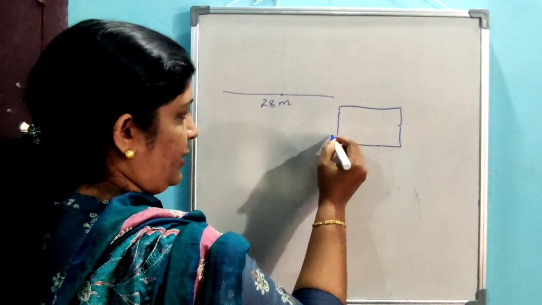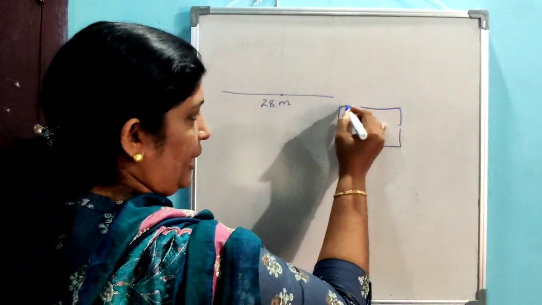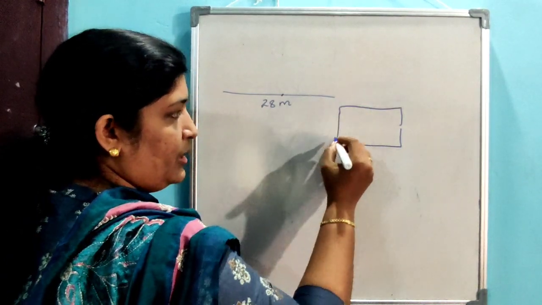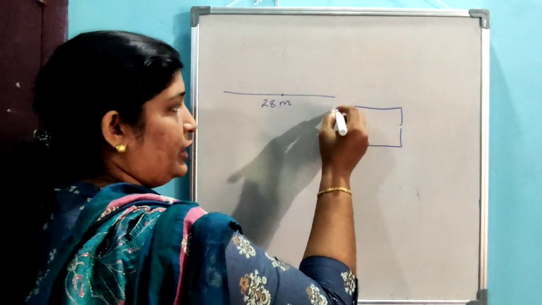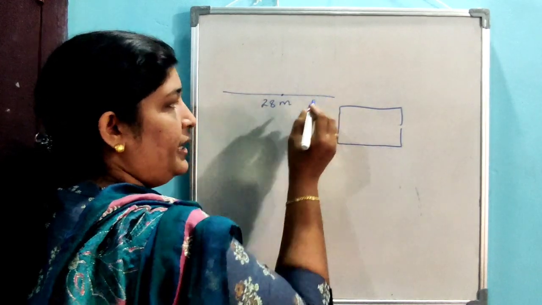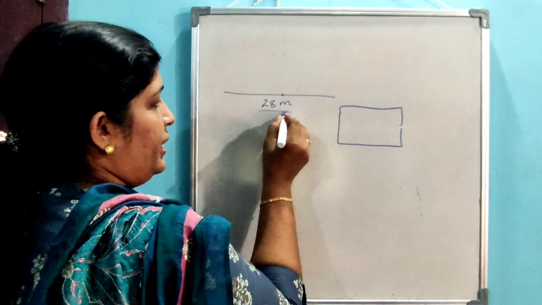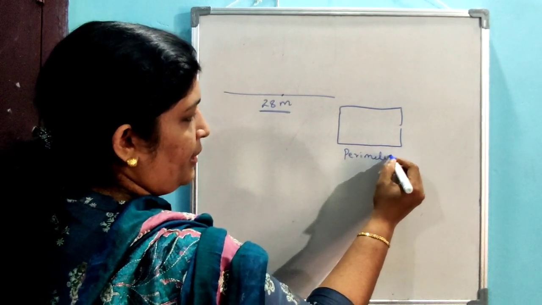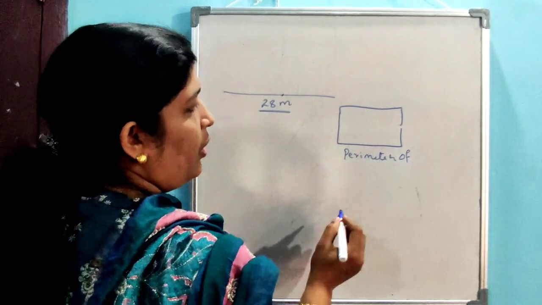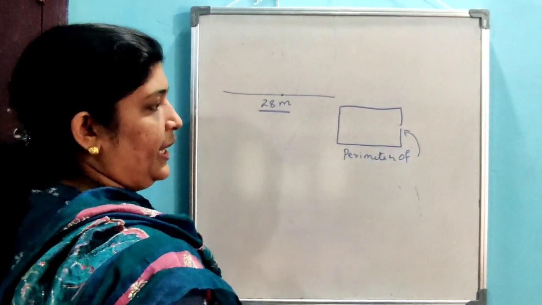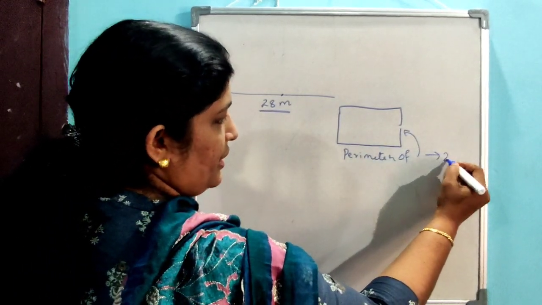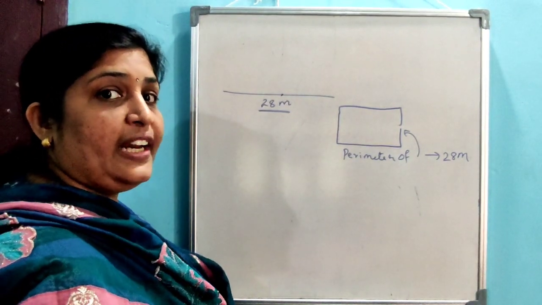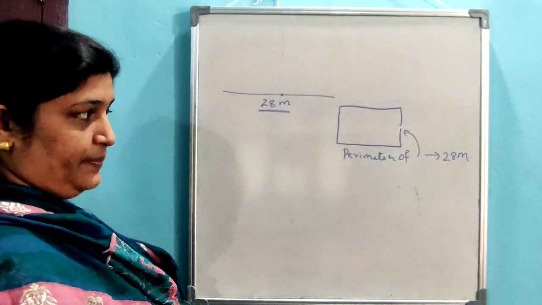This 28 meter is actually the perimeter of the rectangle. The boundary of the rectangle is the perimeter and the length of the boundary is 28 meter. So the perimeter of the rectangle is 28 meter.